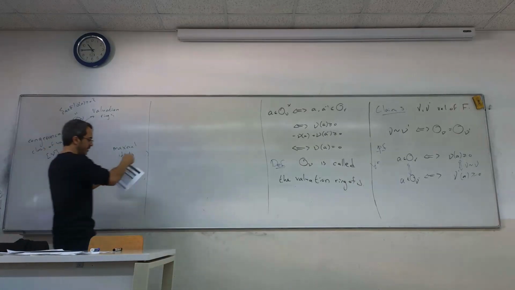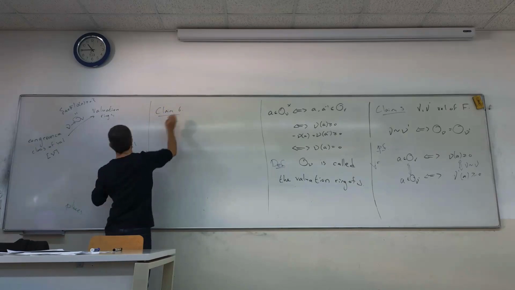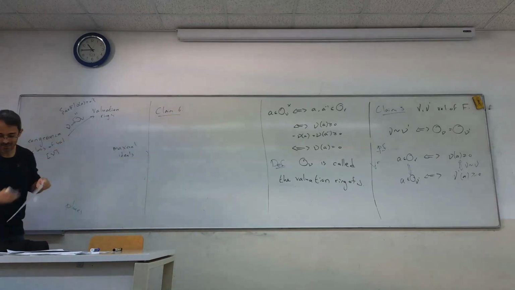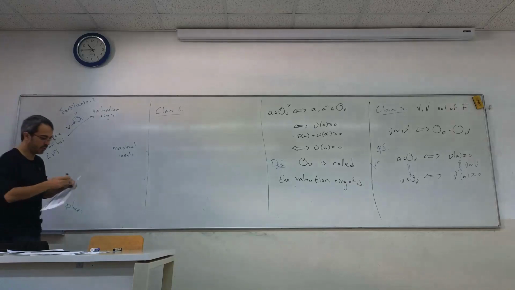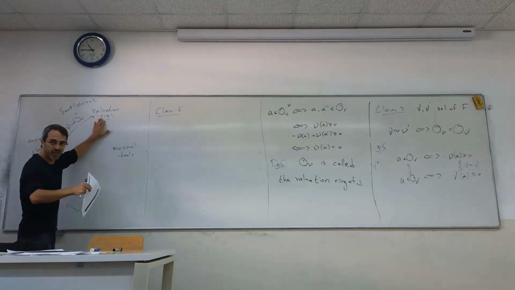Okay. So here is a claim that will allow us to define the maximal ideal. Now there are no valuations. I'm actually starting with a valuation ring.